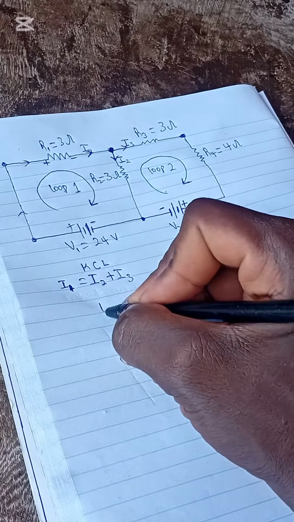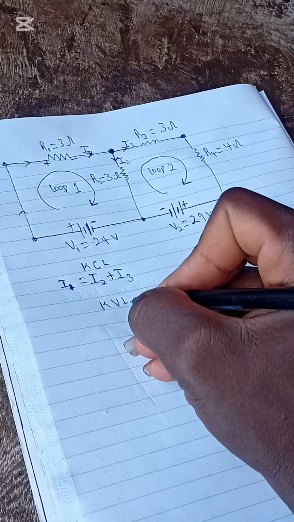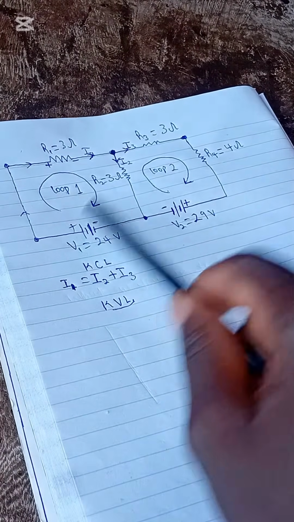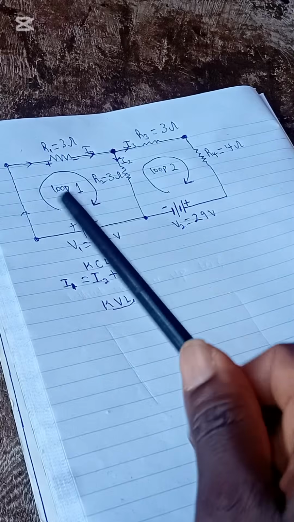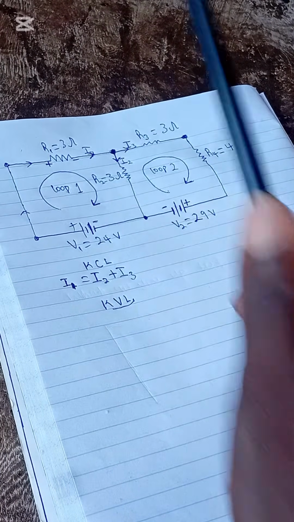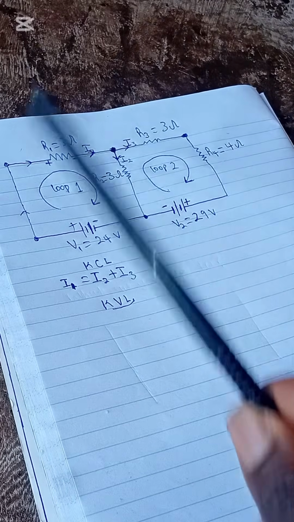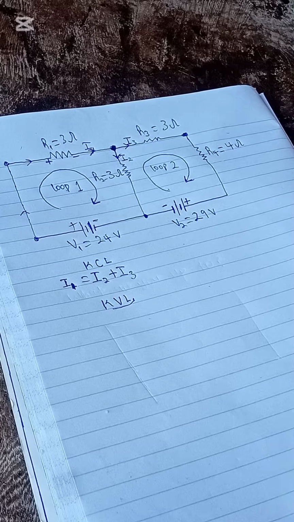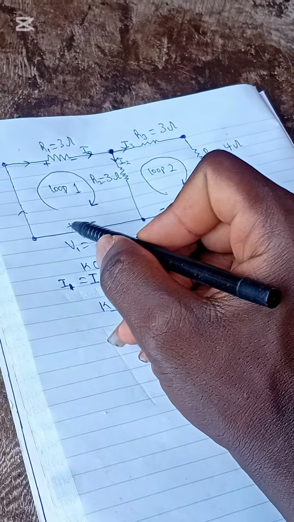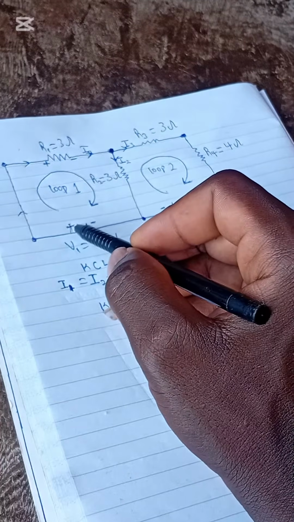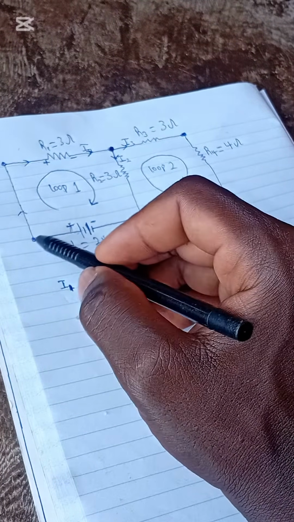Now the other one, the KVL, that's when we'll be using this arrow, this loop. Whether the direction of my loop is this or this, it doesn't matter. So long as you follow the concept, you will surely get the correct answer. Are we together? Don't forget the way we obtain the sign for each resistor. Your current will always flow away from the positive terminal of the battery, which is this.